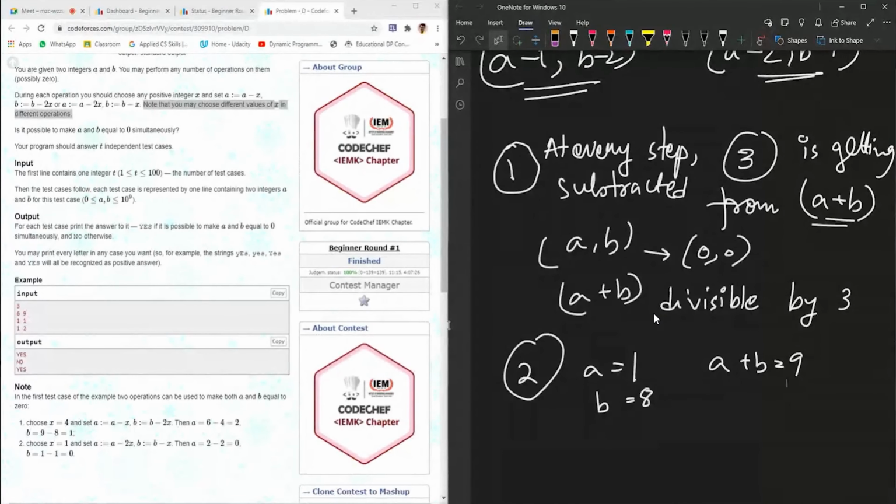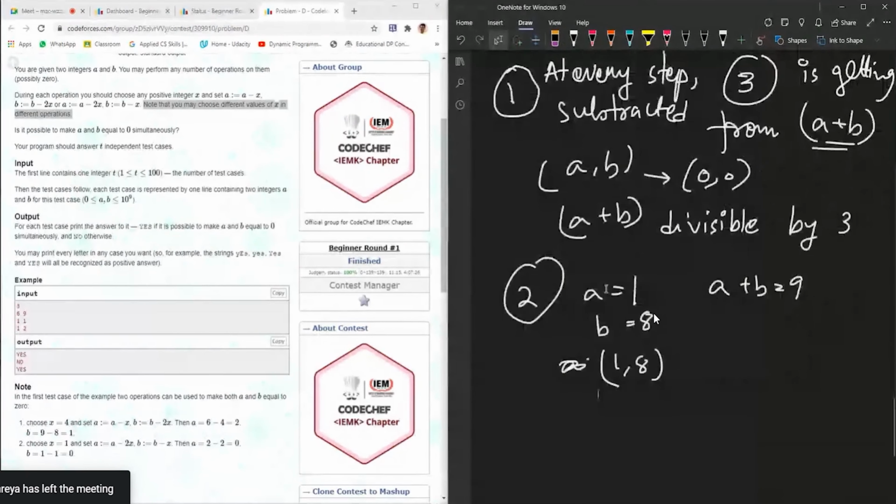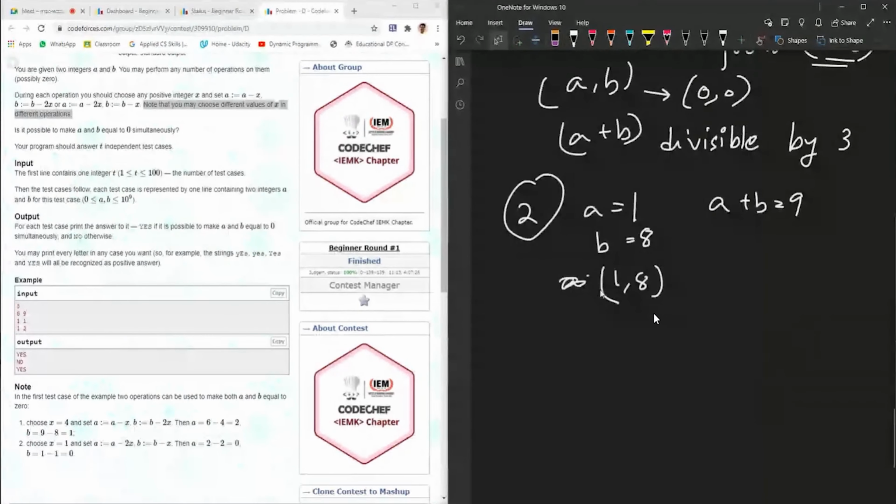The problem here is that A is too low. Even though the sum is divisible by 3, the individual values are very low. And how are we saying it is low? Because 1 is not able to survive the total number of operations.